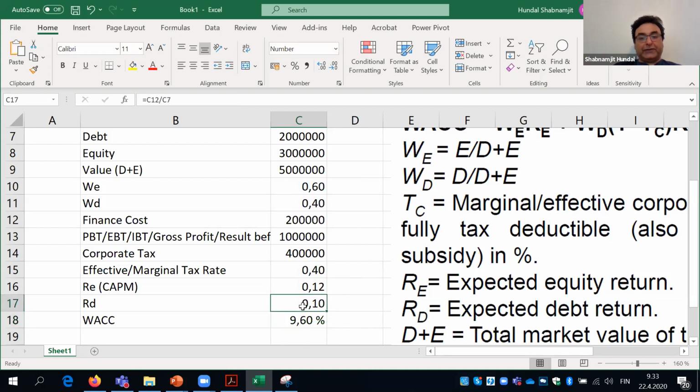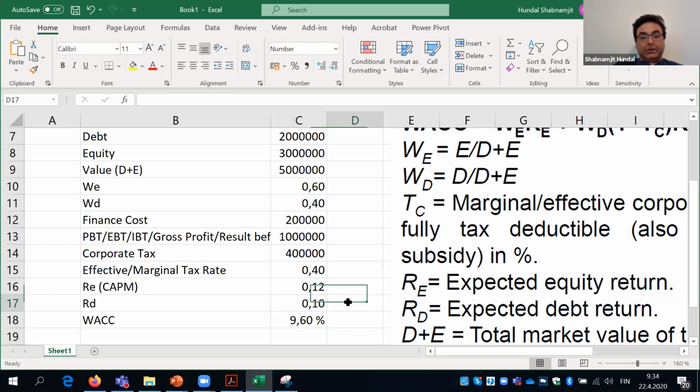So if your cost of debt, which is the finance cost divided by total debt, is 10%, basically you are not paying 10% of debt. You are only paying 60%. Let me see, because 40% is the tax rate.